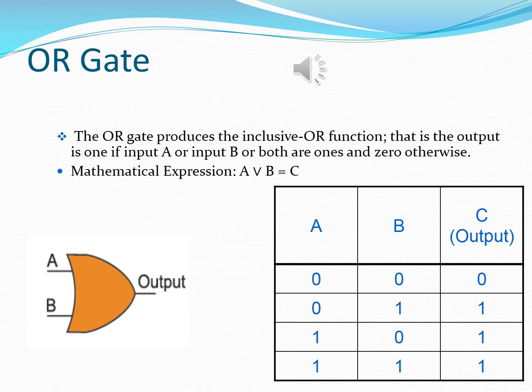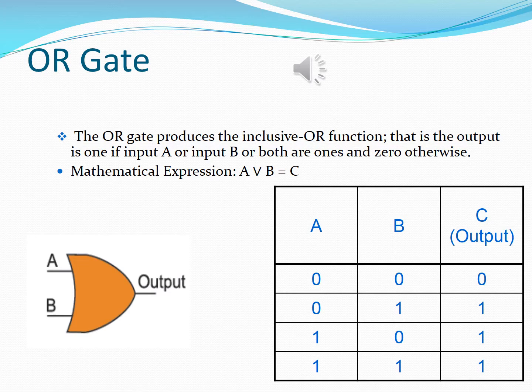Also, let's talk about the second logic gate, which is known as the OR gate. The OR gate produces the inclusive OR function, that is, the output is 1 if input A or input B or both are 1s, and it's 0 otherwise.